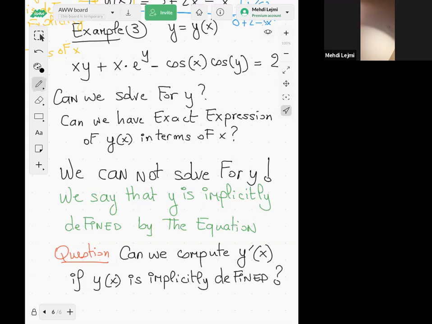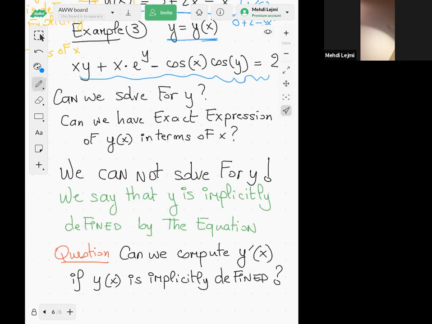Again, guys, when I say implicitly defined, it means that we cannot really solve for y. So we don't have the explicit expression of y in terms of x. You can think of this equation here where you cannot really solve for y. But still, y is a function of x.